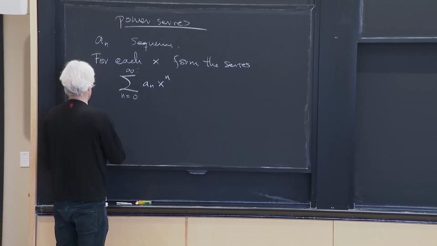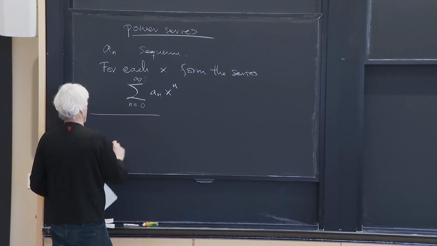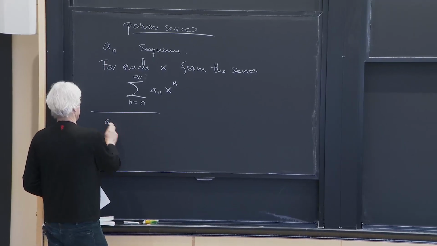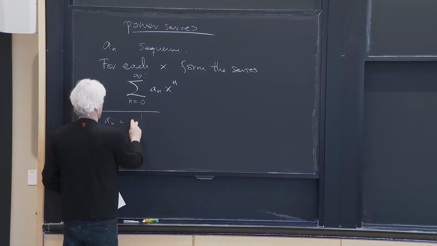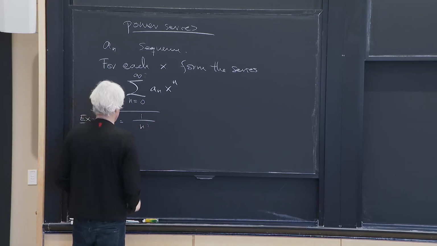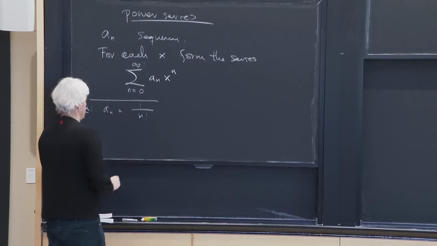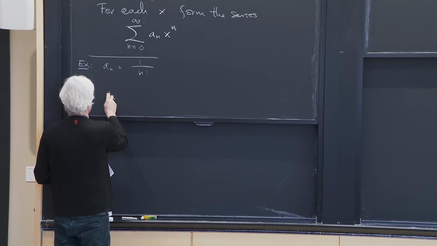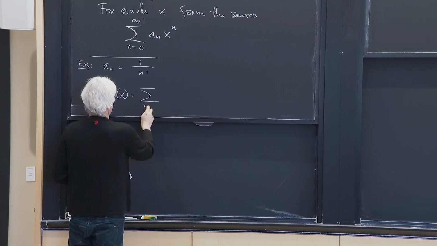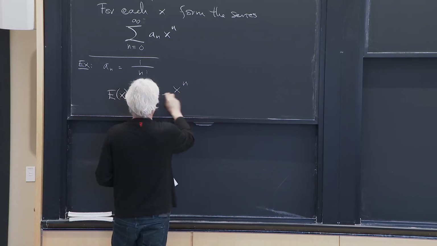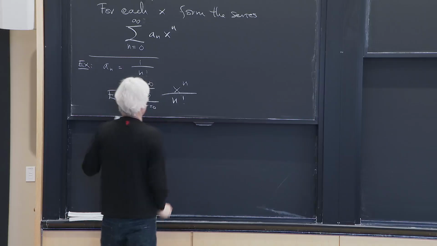And we looked at a particular case, so the example here is where a_n is equal to 1 over n factorial. And so we got the function E of x, which is a sum from n equal to 0 to infinity of x to the power n divided by n factorial.